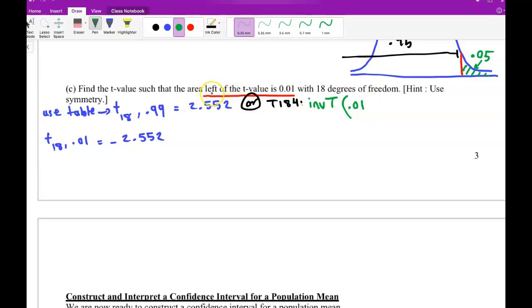We already have that one here. So that is left. And the degree of freedom is 18. Okay, so I'm using the calculator. So second VARS, choosing number 4, inverse t. Then for area enter 1%, and the degree of freedom is 18.